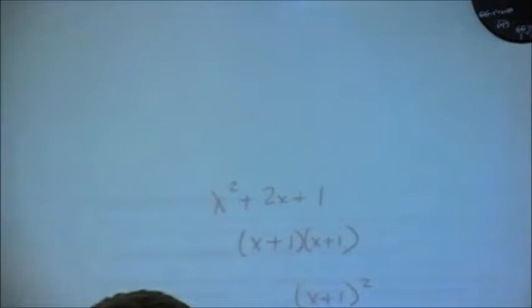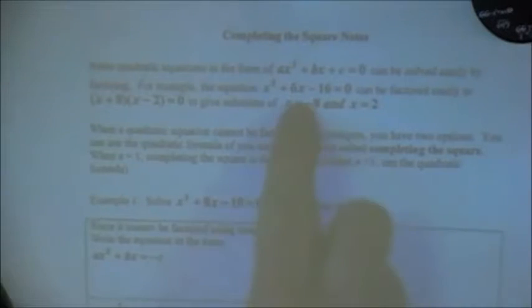On your page, it gives us an example of a trinomial. This one is not a perfect square trinomial, but it is a factorable trinomial, which you all know how to factor pretty well. When we get to a quadratic, you can always use the quadratic formula.